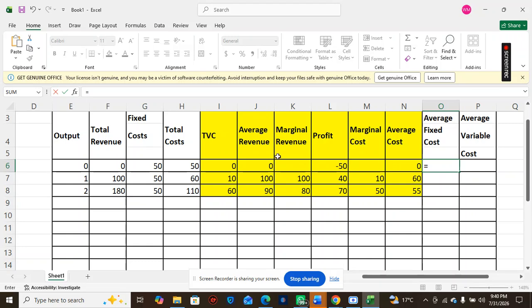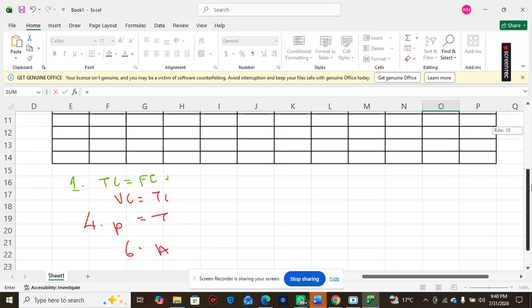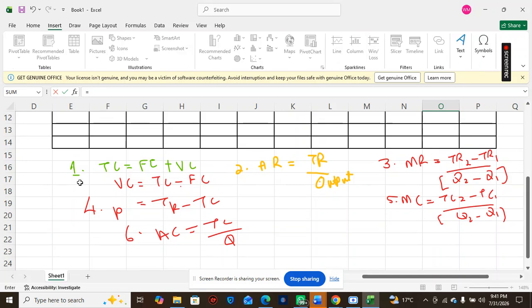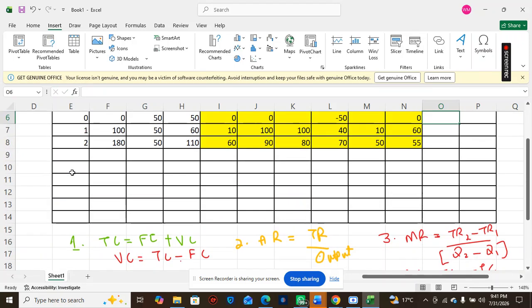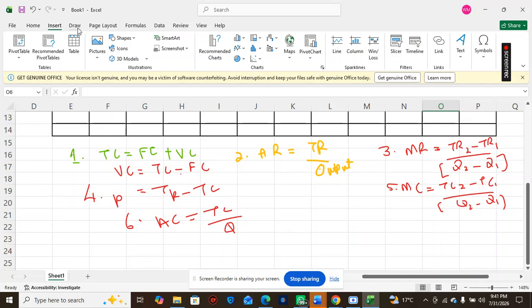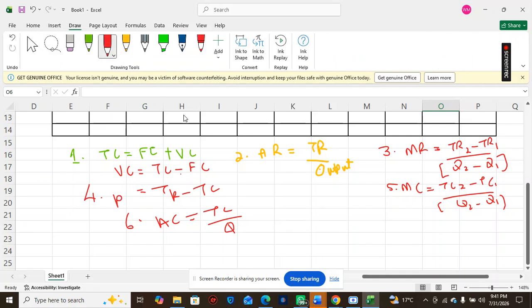Then average fixed cost. Average fixed cost is the fixed cost per unit. Whenever there is average in the equation, just remember it's a total over quantity. So average fixed cost, AFC, is your fixed cost over output.